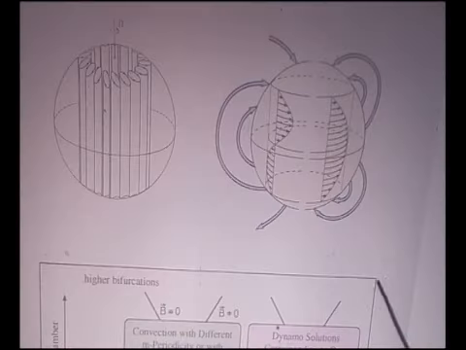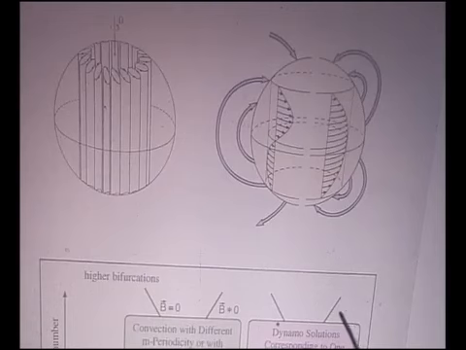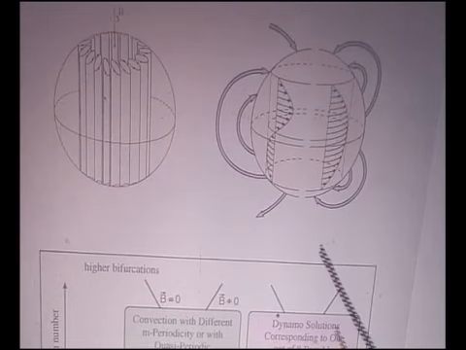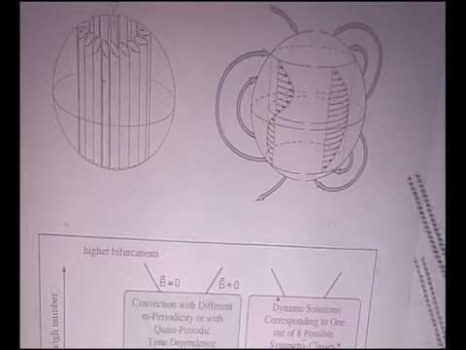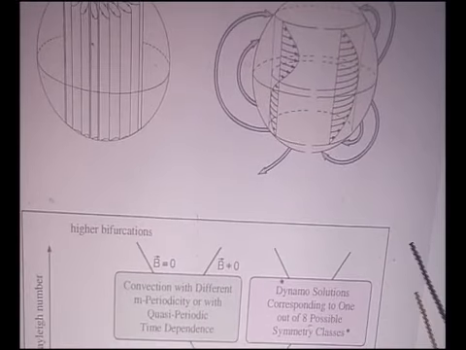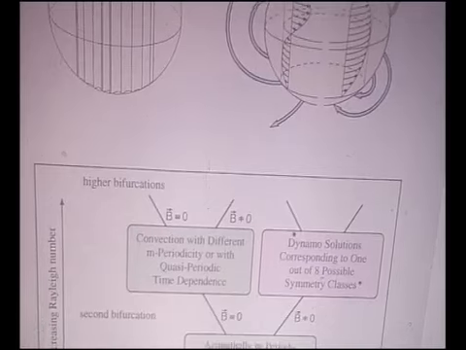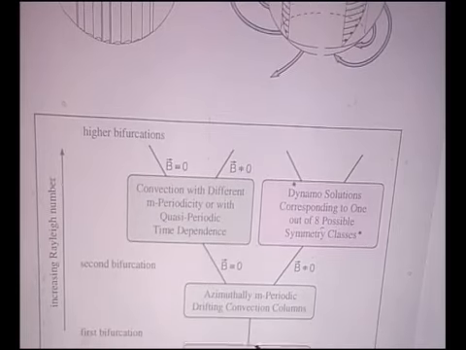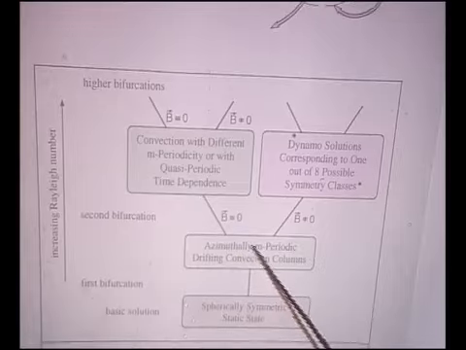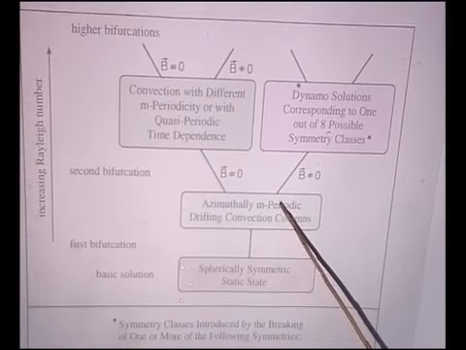And yeah, one could speak a lot about various types of dynamos, but principally it's just a bifurcation like any other hydrodynamic instabilities. We have here an instability involving the magnetic field.